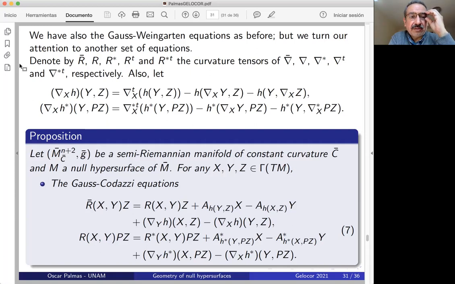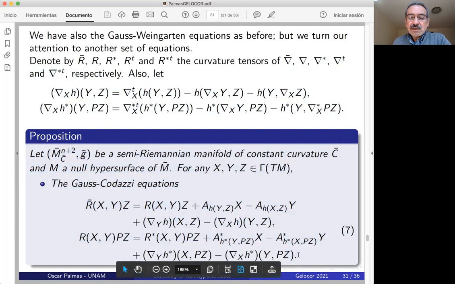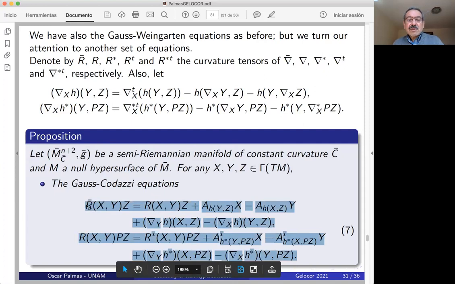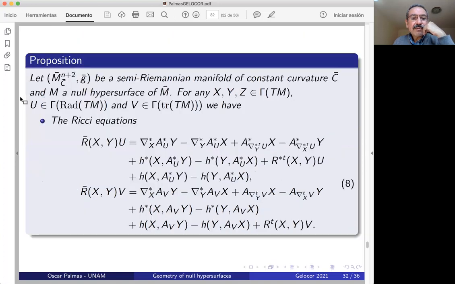We have lots of curvature tensors because we now have five related connections, and we have these Gauss-Codazzi equations. Here we have the curvature tensor of the ambient space, and this one is the curvature tensor of M, etc. We also have the Ricci equations in this form.